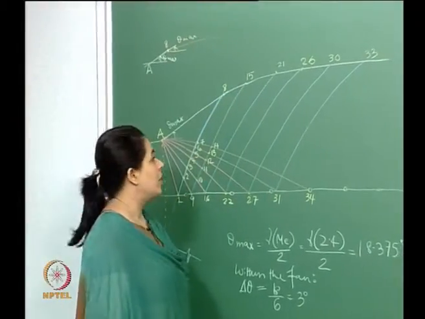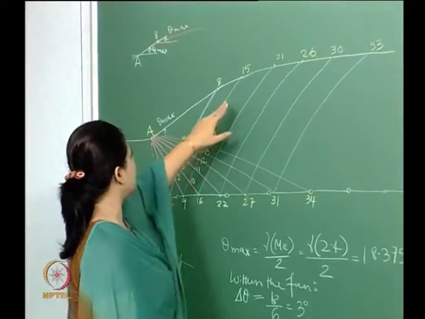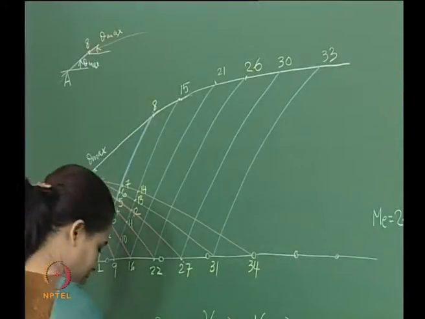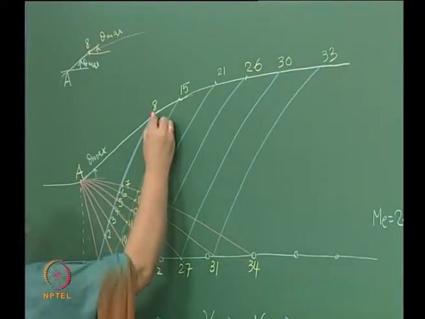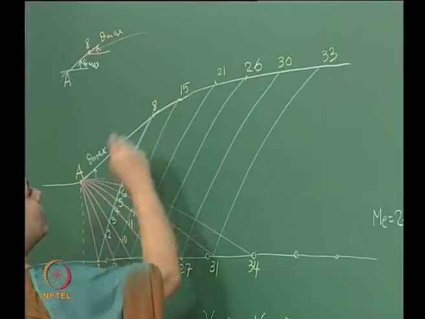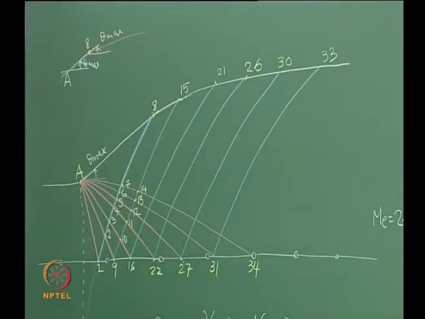and then we're going to locate this point, say 15. Now the point is, how do we connect 15 and 8? Again, we'll connect that by a straight line, and then the average slope is going to be theta 8 plus theta 15 by 2.